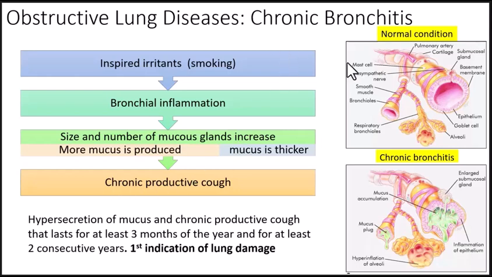The actual definition of chronic bronchitis versus acute bronchitis is hypersecretion of mucus and a chronic productive cough that is persistent for at least 3 months of the year and for at least 2 consecutive years. So this could be one of the first indicators of lung damage for those that are suffering from it.